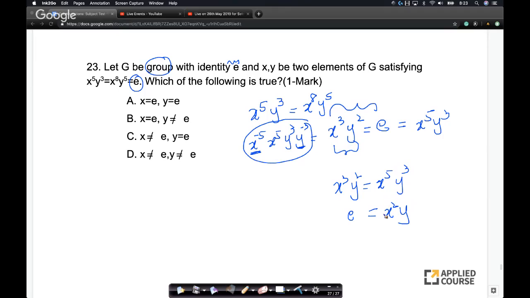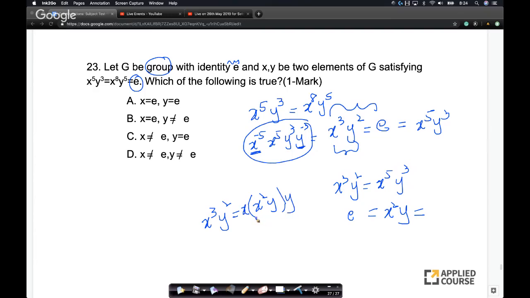So this is what I'm left with now: x^2 y equals e. If x^2 y equals e, then what is x^3 y^2? Can I write it as x^2 y into x into y?